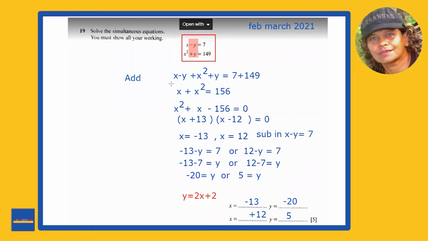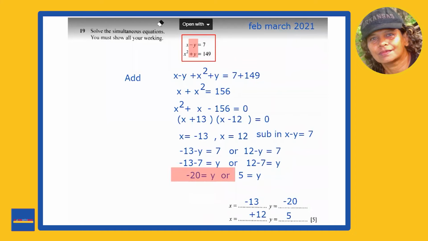So we end up with x squared plus x on the left hand side and 156 on the right hand side, and then we make that into a quadratic equation which we factorize, and we have two values for x, minus 13 and 12. Once we do that, we can substitute in the easier equation, x minus y equals 7. When we substitute that, we get two values for y: y is minus 20, and y is equal to 5.